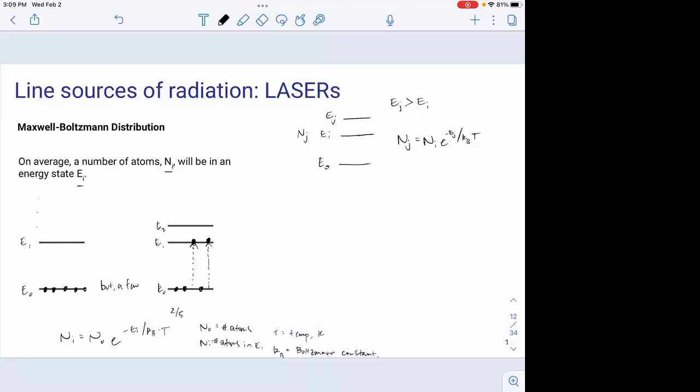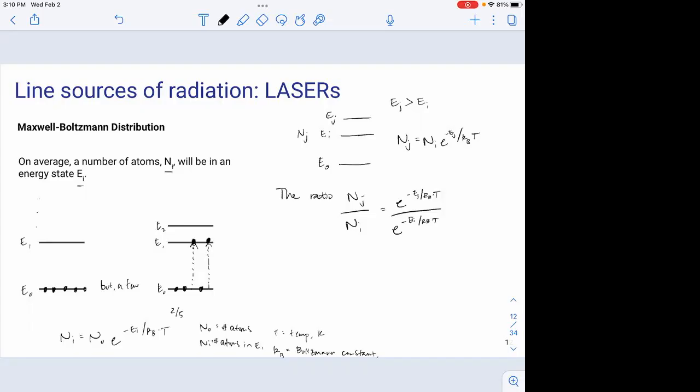So the ratio Nj to Ni, the ratio of the number of atoms that occupy those two states, I can write as e to the minus E sub j over Boltzmann constant times temperature, over e to the minus E sub I over Boltzmann constant times temperature.